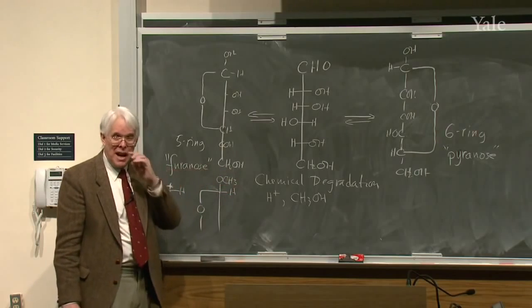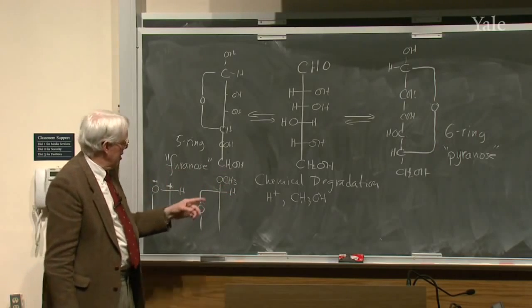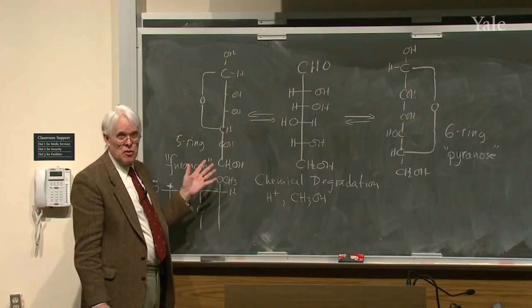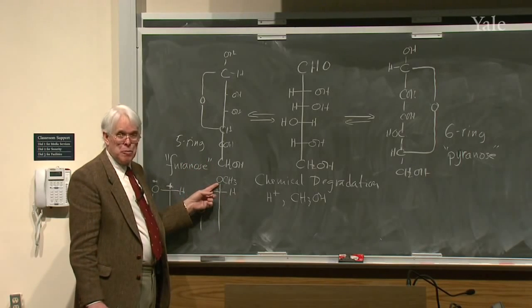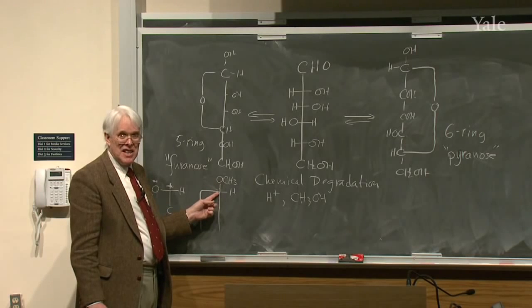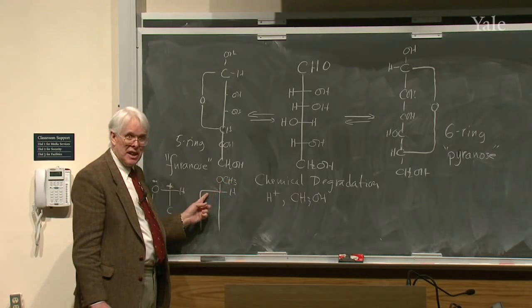We're talking about reactions next class that involve reactions of alcohols, oxidation, for example. So this is protecting that particular carbon from being reacted by having a full ketal there.